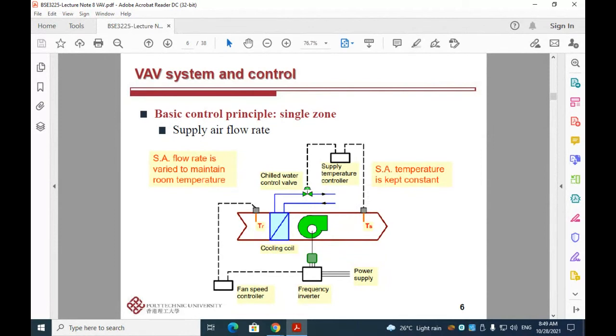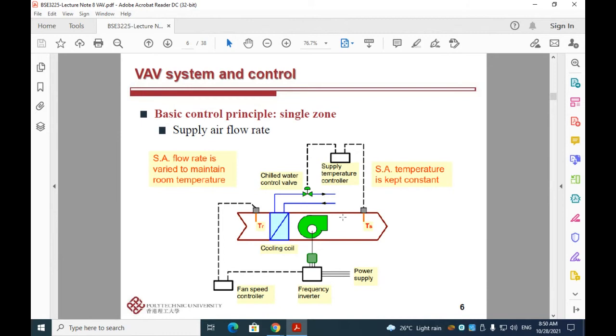By regulating the chilled water flow rate, the supply air temperature is kept constant. So this is the basic control principle of a VAV system. You can see that obviously, first of all, the volume of the air will change.